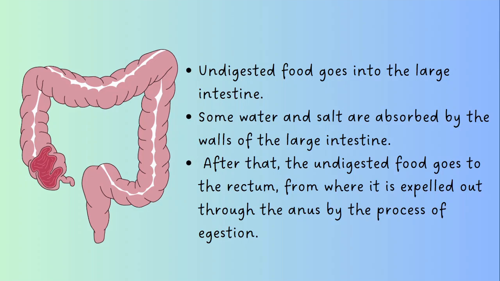So here reabsorption occurs. After that, the undigested food goes to the rectum, from where it is expelled out through the anus by the process of egestion. So this is the complete process of digestion in human beings.